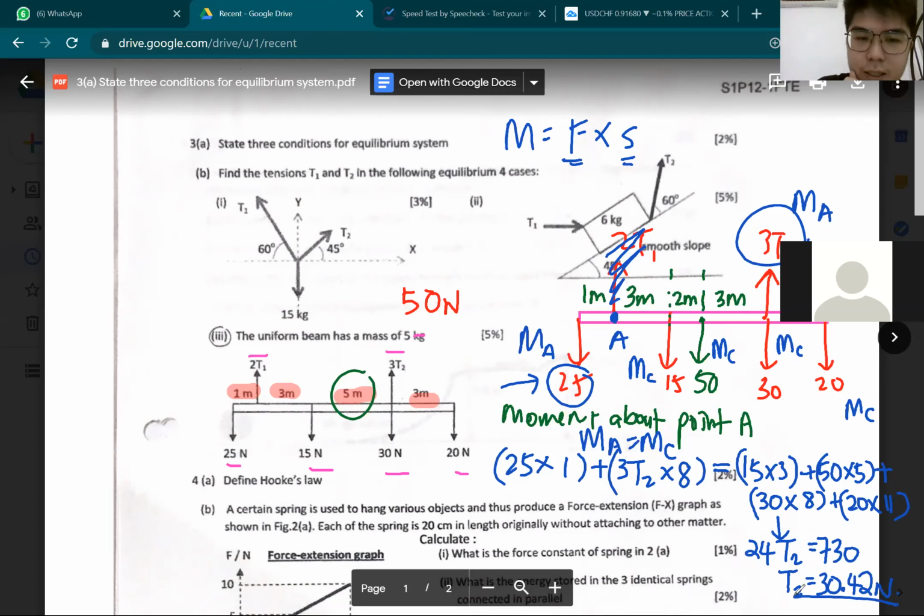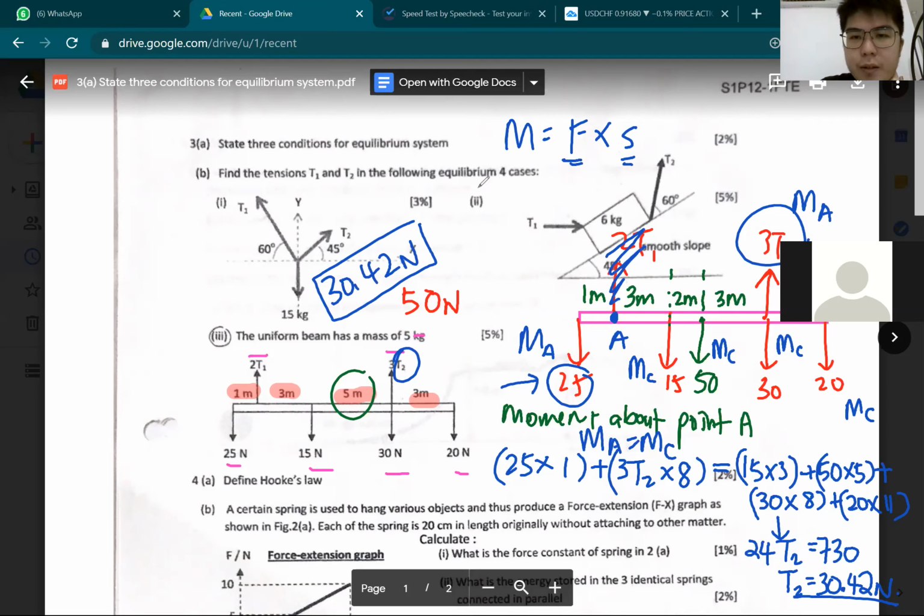Okay, so T2 is 30.42 Newton. Right? So how do you find T1 after you got T2? After you get T2, you can straight away use the equilibrium of forces to find T1.